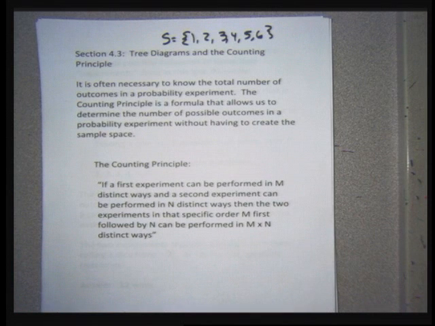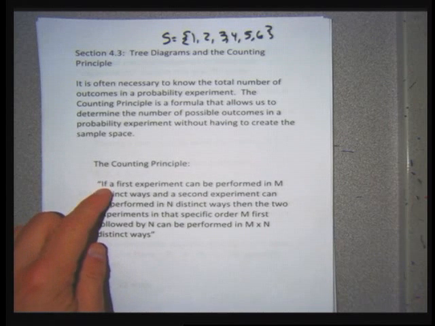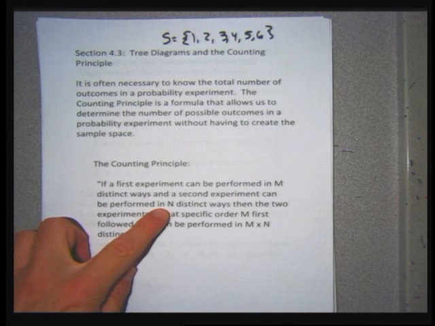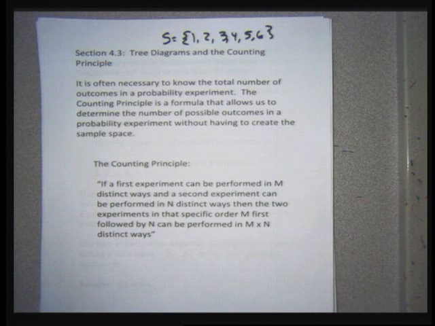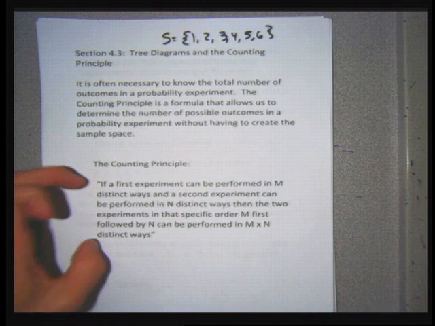So the counting principle says if 2 experiments are performed, experiment M first and experiment N second, then there are M times N ways to do experiment M followed by experiment N. That's essentially what this says.